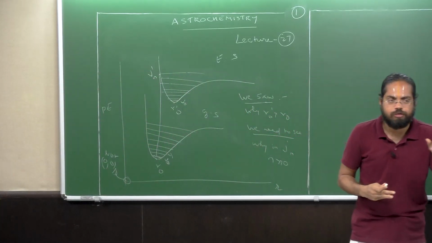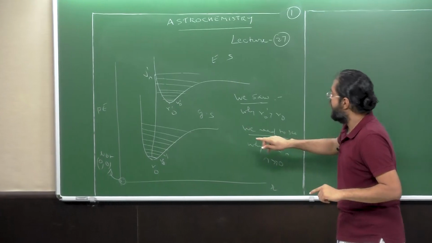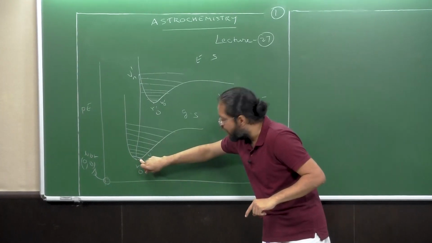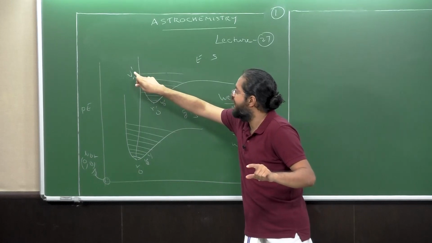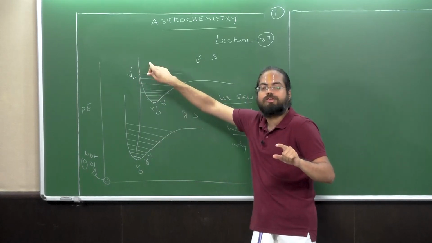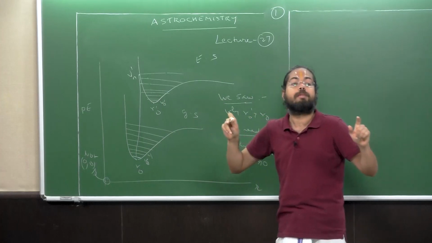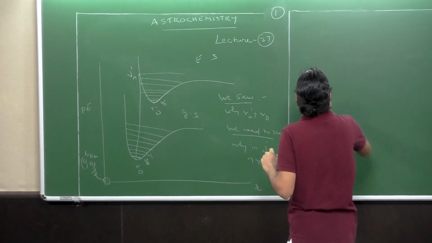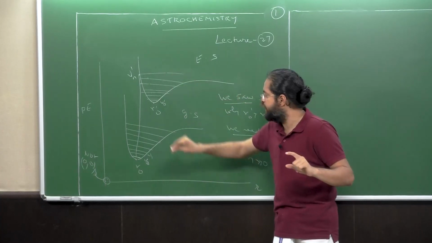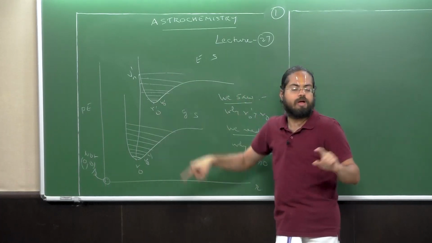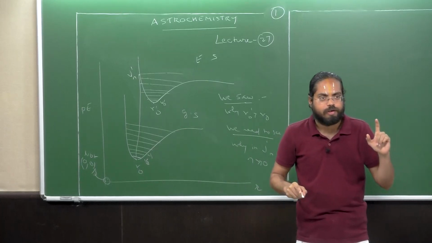Please note that this transition from nu naught in the ground electronic state to nu n dash in the excited electronic state, where n is much greater than 0, happens immediately. What is the reason? What can you think about it?